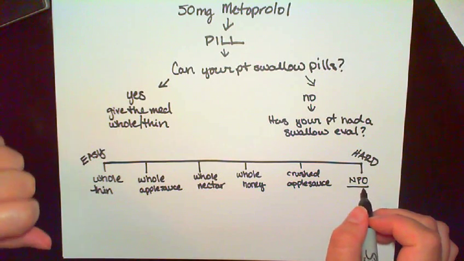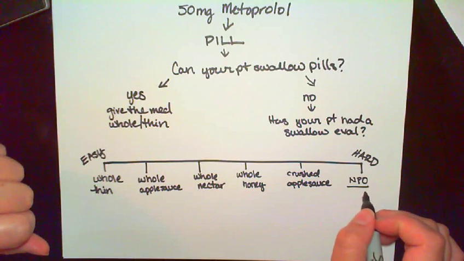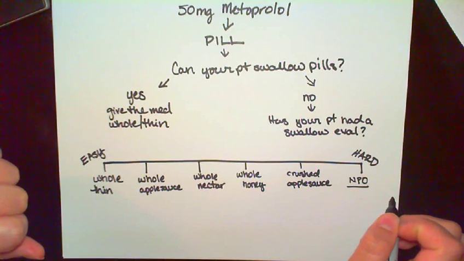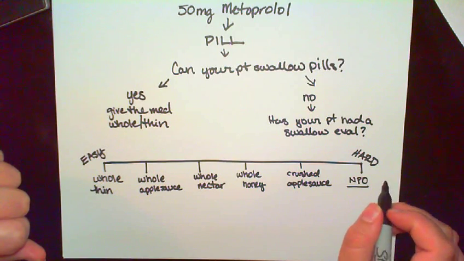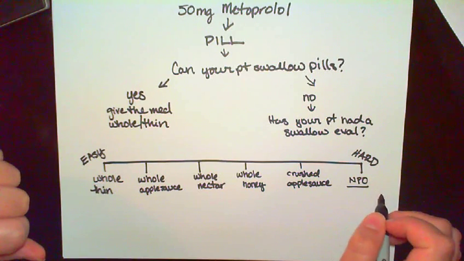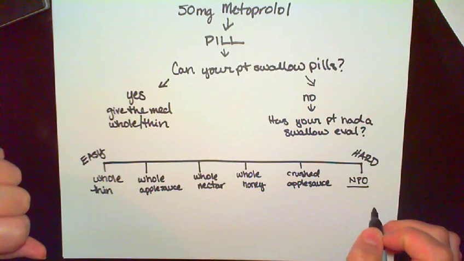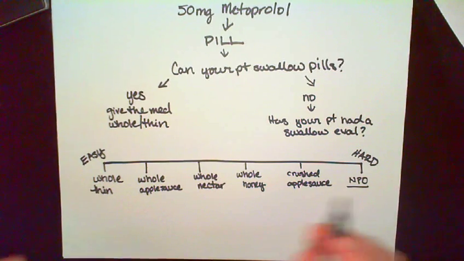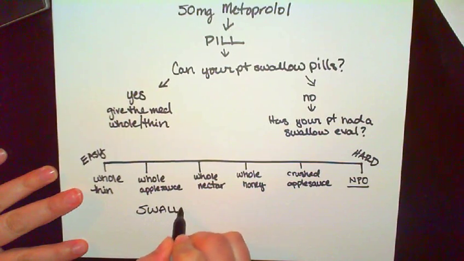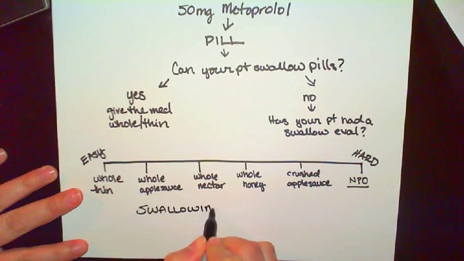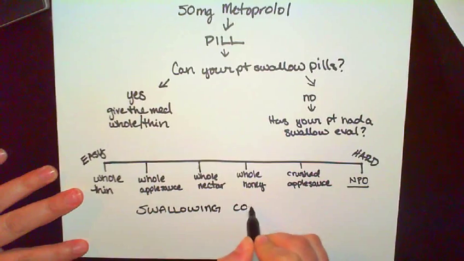So they have been deemed by dietary that nothing can go, no medication can go through the mouth. It needs to go via other channels until they have secured the airway and can stabilize this patient. So this is what we call the swallowing continuum.